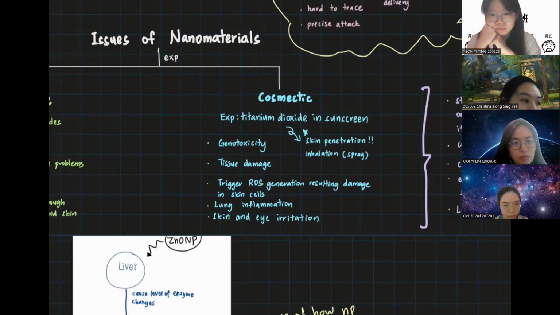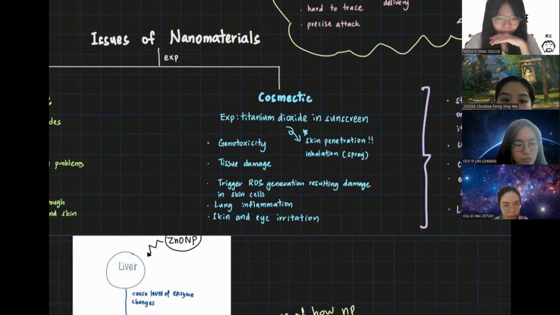The penetration of titanium dioxide into the skin might lead to the generation of reactive oxygen species, causing oxidative stress to the cells and potentially resulting in cellular damage. This can cause inflammation and allergic reactions. In the case of spray products, inhalation of titanium dioxide may lead to lung inflammation.